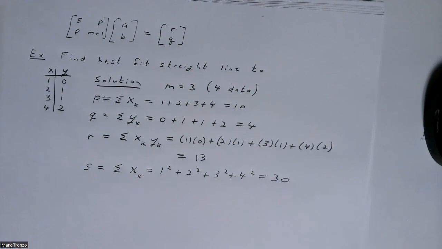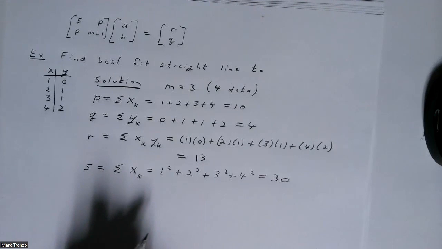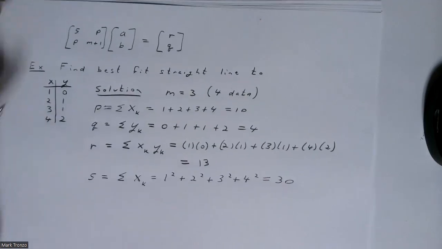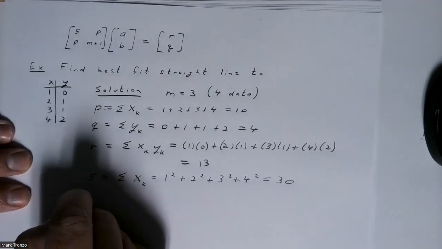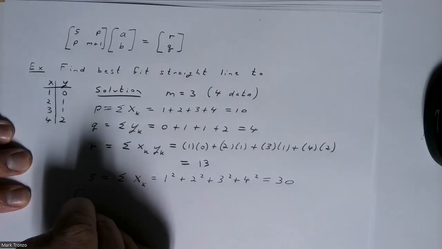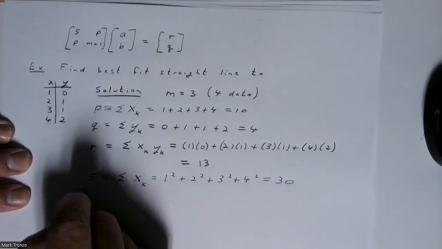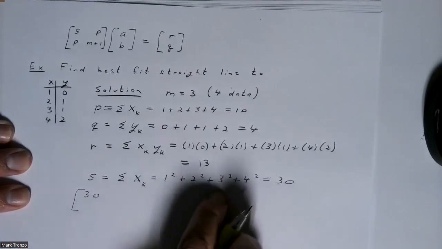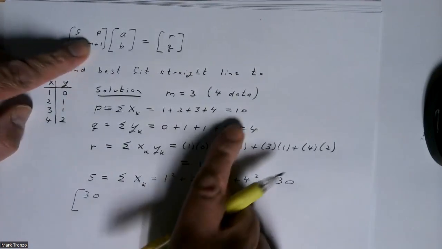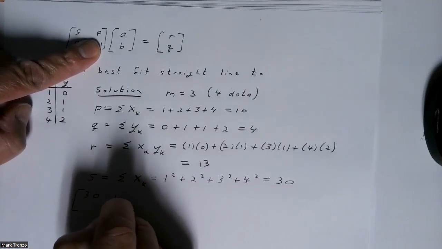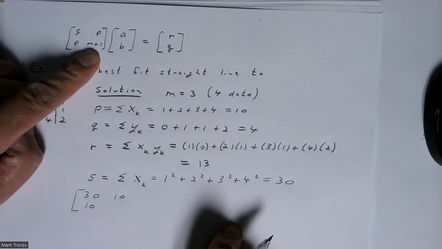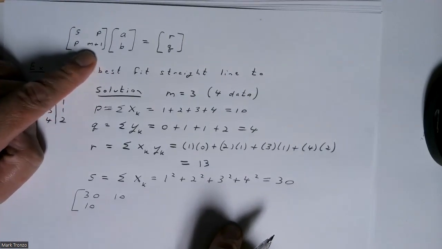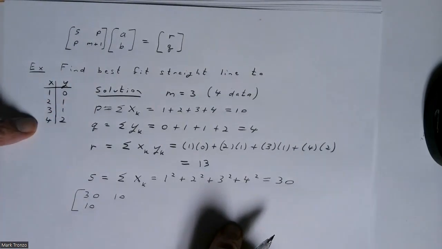And then just put everything into the system up here. So it's going to be 30 for our S. Our P was 10. And then M plus 1, remember, that's our total number of data points, which is 4.